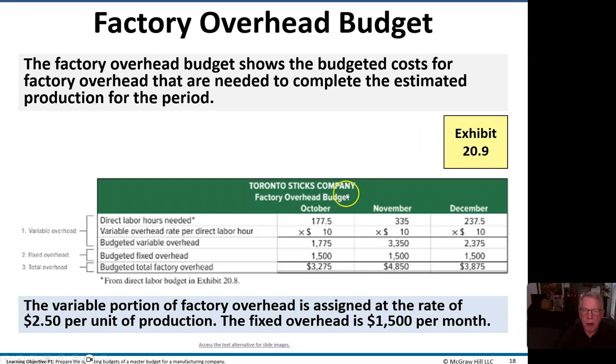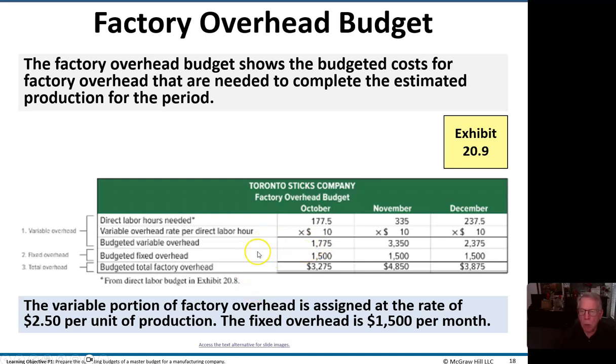So the factory overhead budget is going to show the budgeted costs for factory overhead that are needed to complete the estimated production for the period. Again, we know the direct labor hours that we need here, and we know the variable overhead rate per direct labor hour, in this example $10.